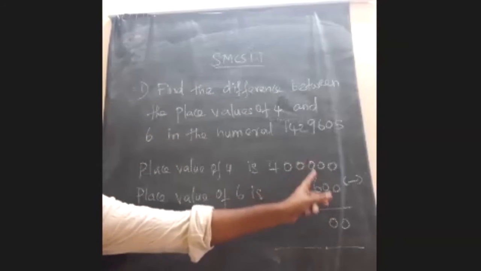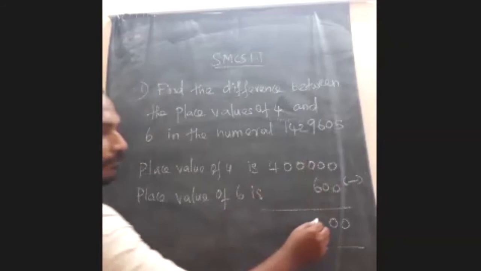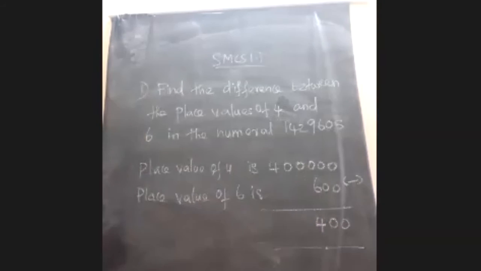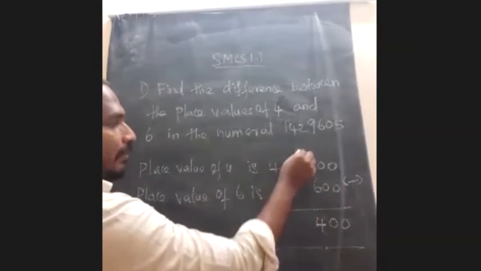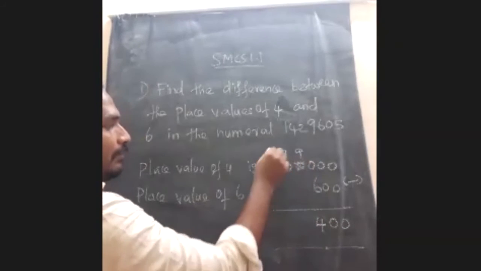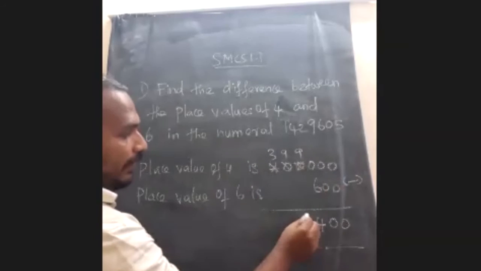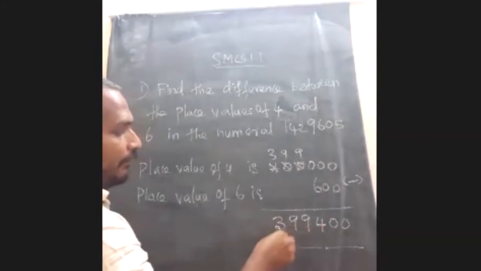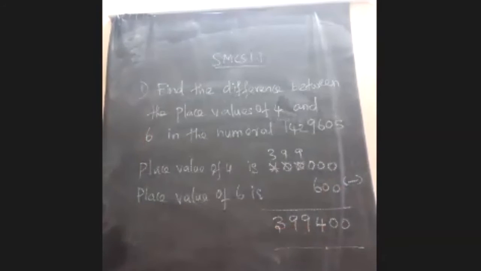So 10 minus 6, 4, and this will become 9. This also will become 9. This one we already borrowed. That's why 993. So 3,99,400 is the correct answer.